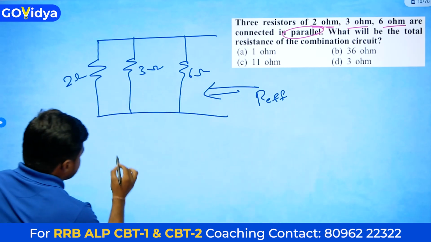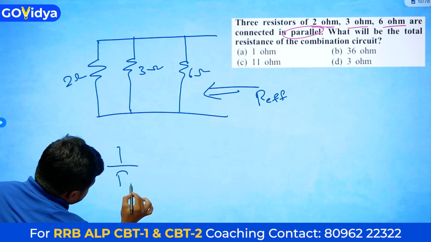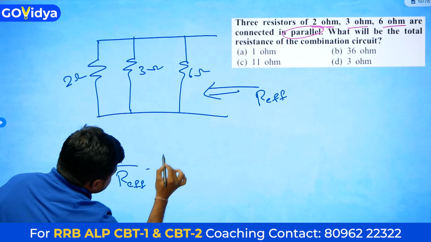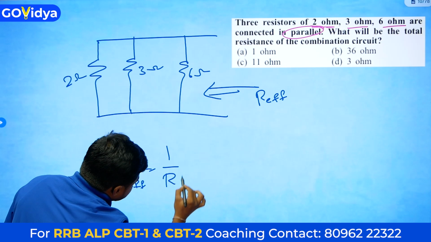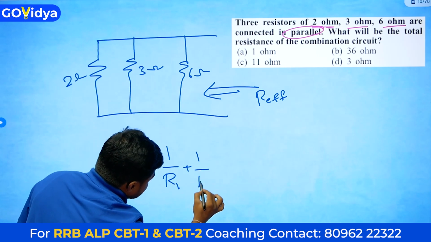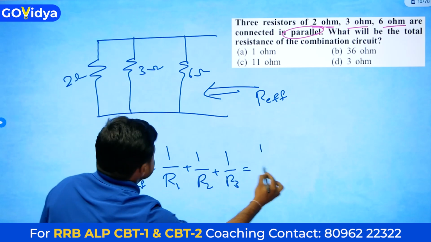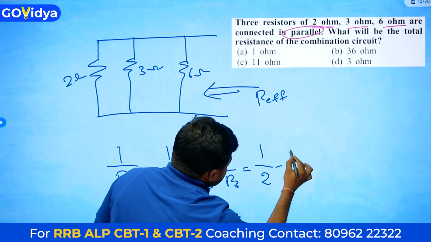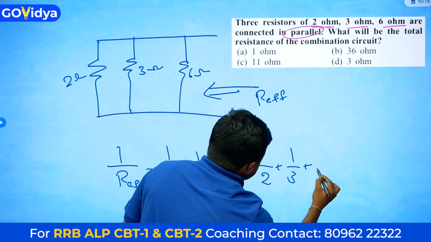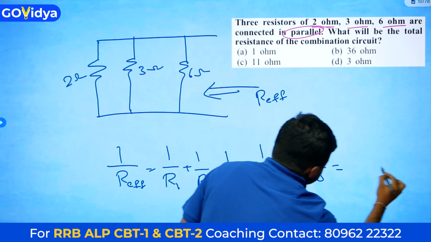Now 1 by R effective is equal to 1 by R1 plus 1 by R2 plus 1 by R3. R1 is 2 ohms, R2 is 3 ohms, R3 is 6 ohms. LCM is 6.